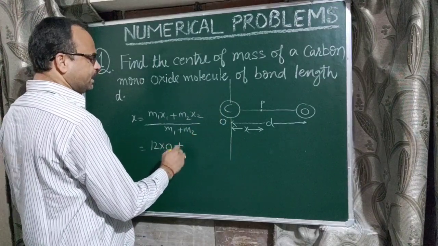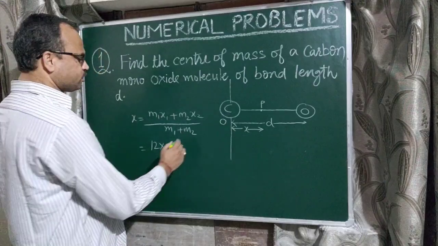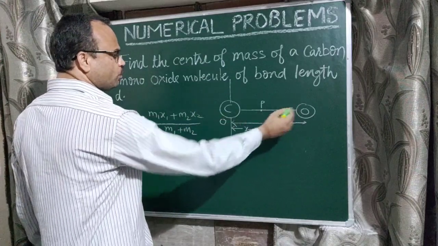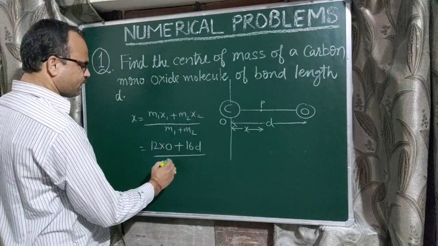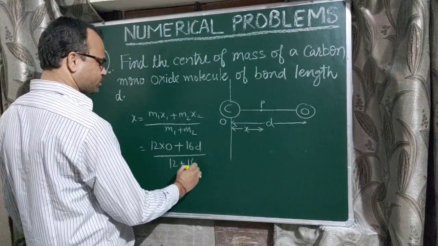Then the mass of the oxygen atom: as we know, the mass of oxygen is 16 gram, and its distance from this origin O is D. Upon the total mass, meaning mass of carbon 12 plus mass of oxygen 16.